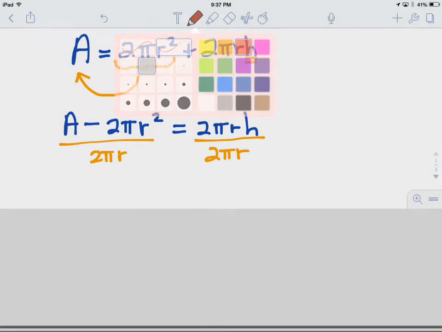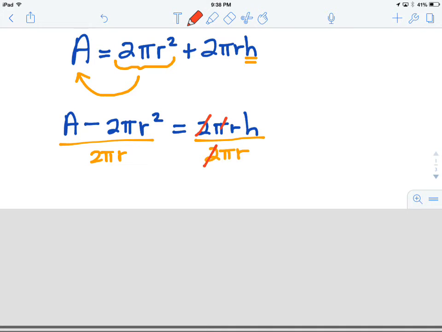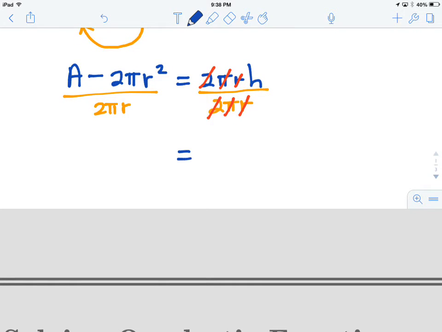What this is going to do is, of course, cancel or simplify this expression, so I'm left with only h sitting on this side, which is what we wanted in the first place, and I get A minus 2 pi r squared, all divided by 2 pi r. Is this fine? Yeah, this is no problem at all.